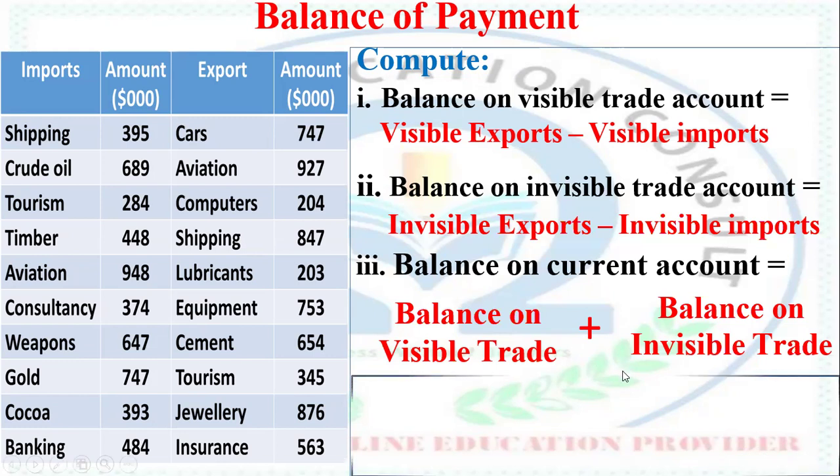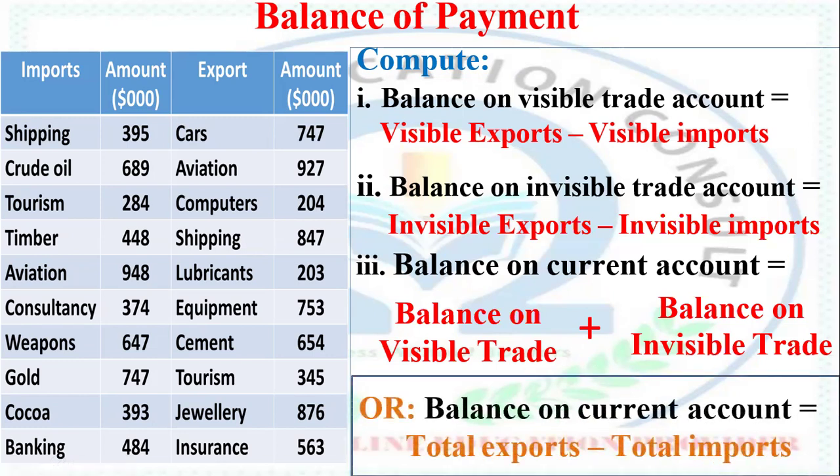Or put differently, it is the difference between the total monetary value of exported products and the total monetary value of imported products. So that is how we compute the current account balance. And if you are using the total monetary value, take note that we are talking about both visible and invisible goods in this case, right?